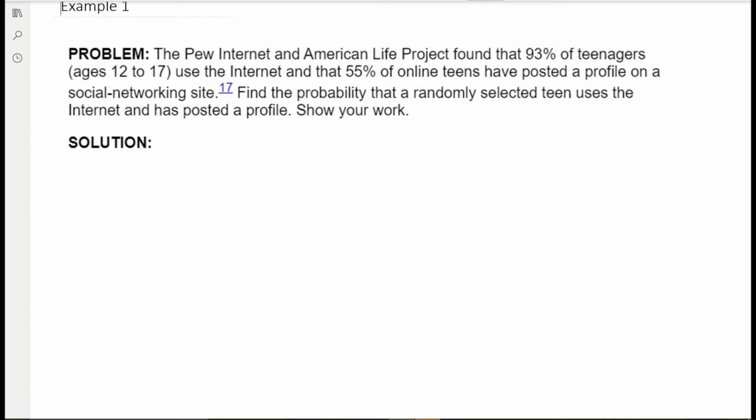So we want the probability that a teen uses the internet and has posted a profile. So we'll say the probability of internet and profile.